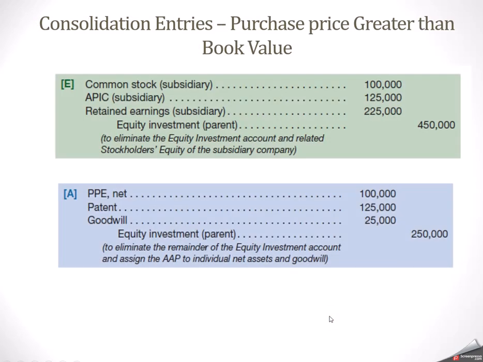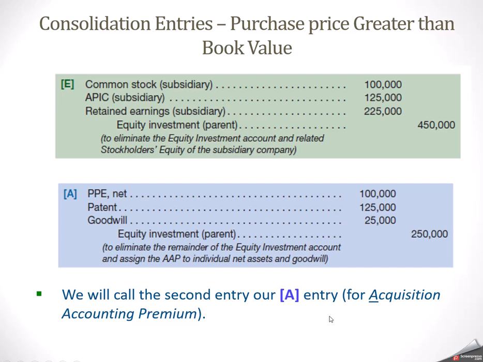So then when we have those acquisition accounting premium assets, now we have an A entry. And again, like I said with the E entry, from this chapter all the way through chapter 8, we're going to have this A entry. So it's good to understand what it's doing now, so when we build onto it, it'll make sense. What we're doing is we're revaluing their assets that are currently at historical cost.